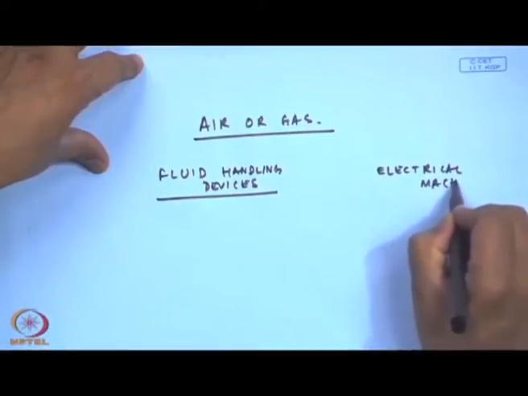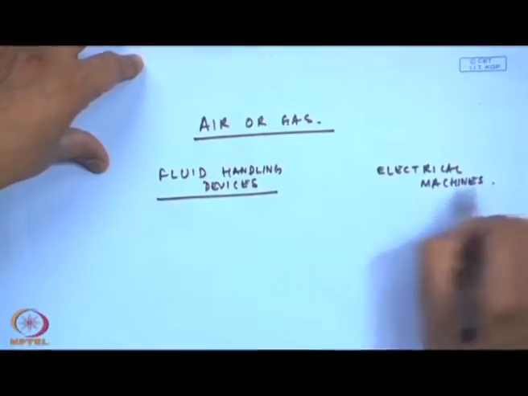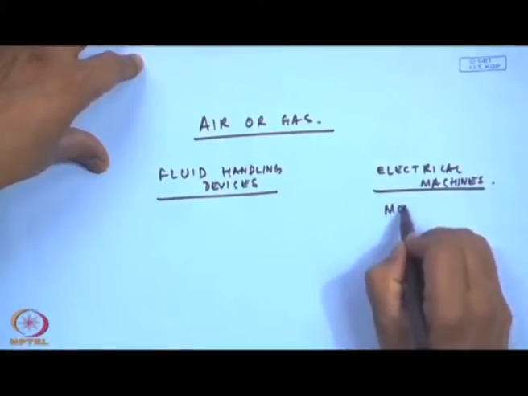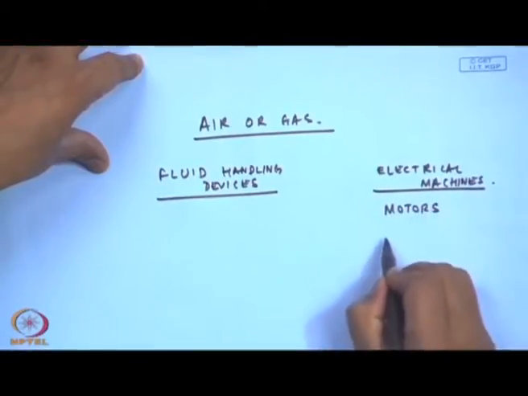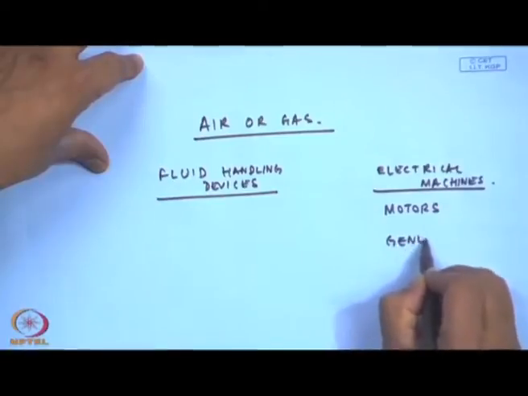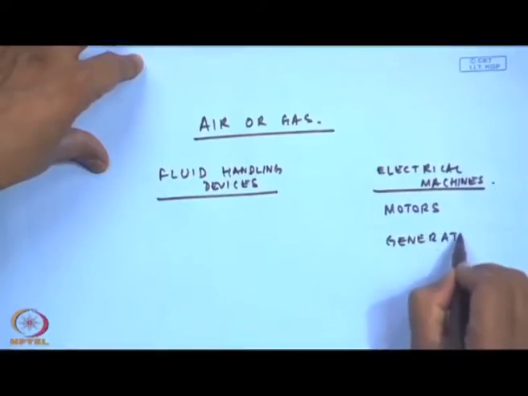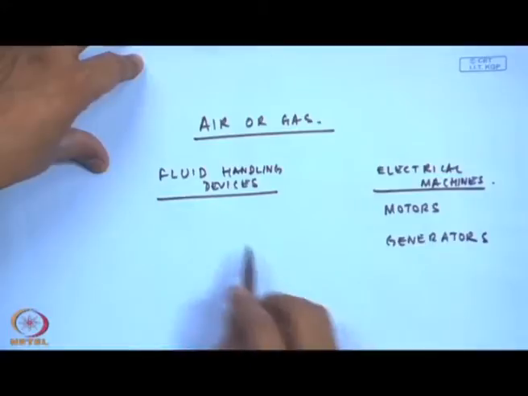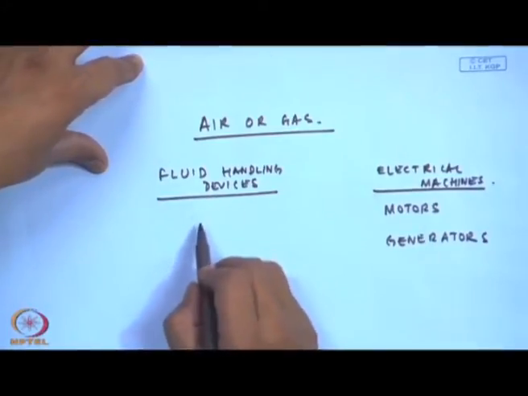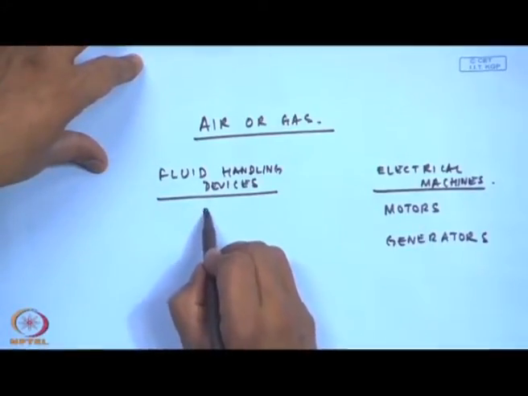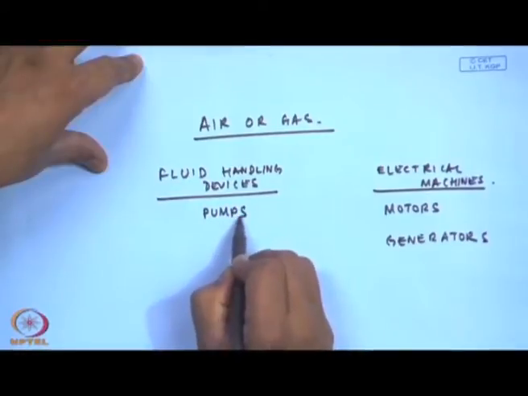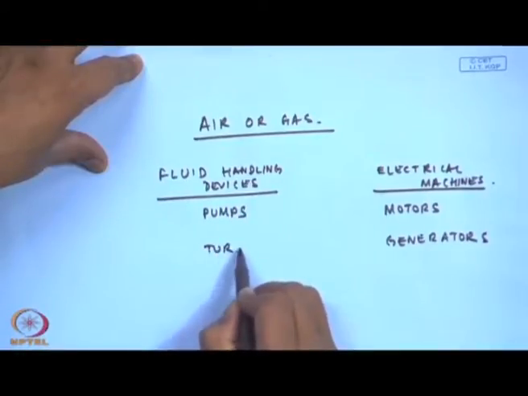The most common types of electrical machines are the motors and the generators, and the fluid handling devices are pumps and turbines.